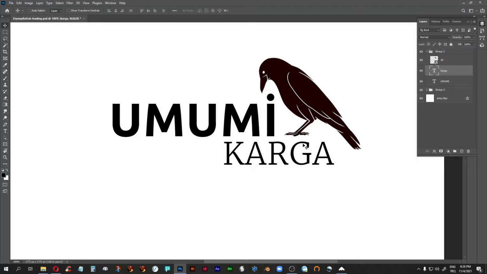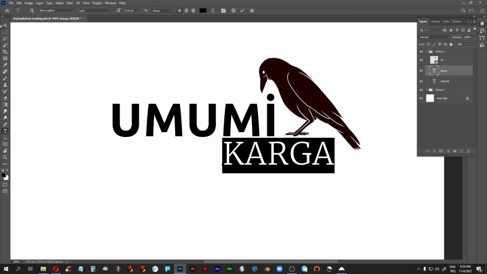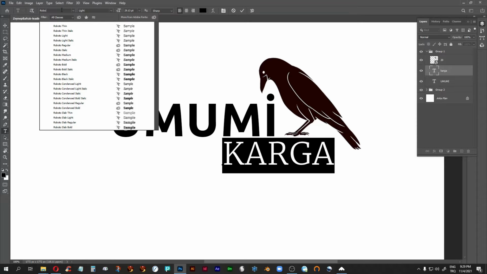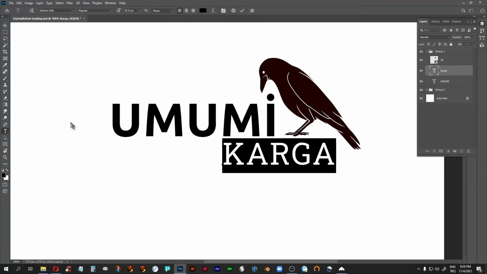It still has these little curves and things. So why don't we just go ahead and make this into a proper slab serif font? And the one that I think I want to use is Roboto. Here we go. And let's make this slab regular for now.